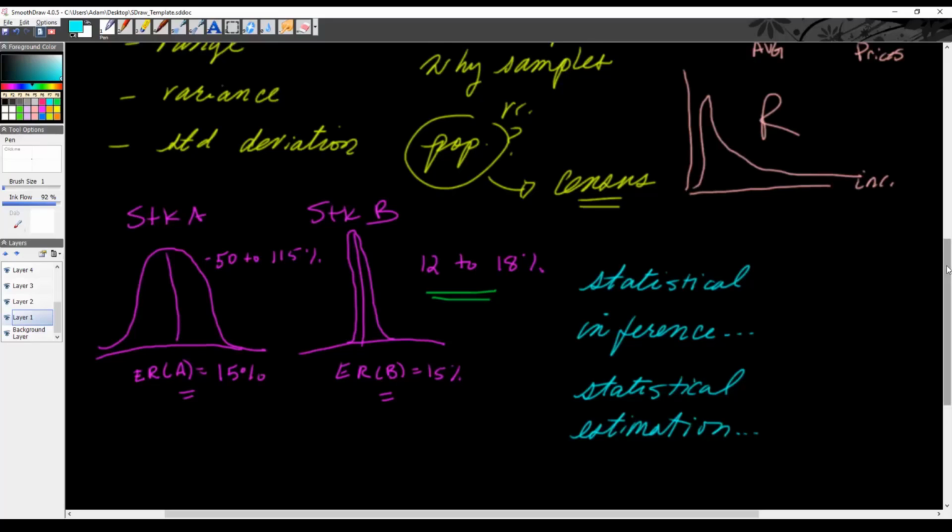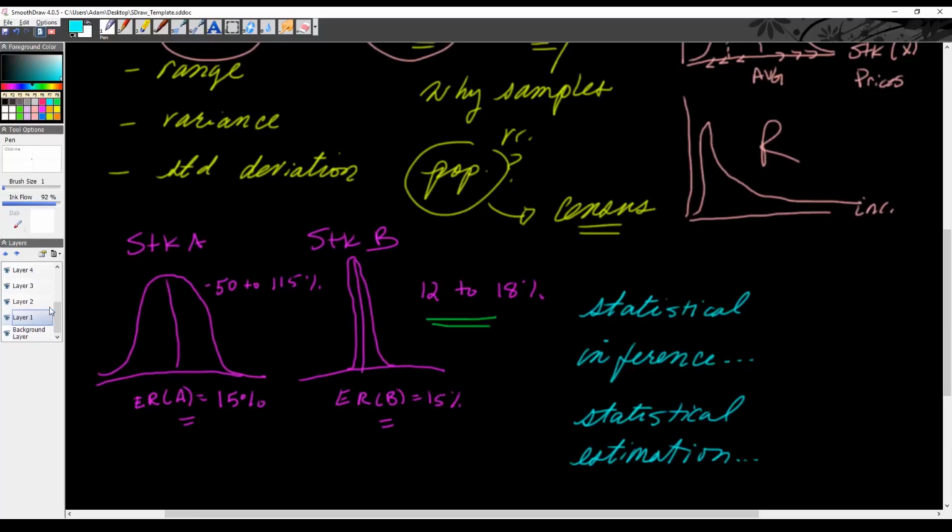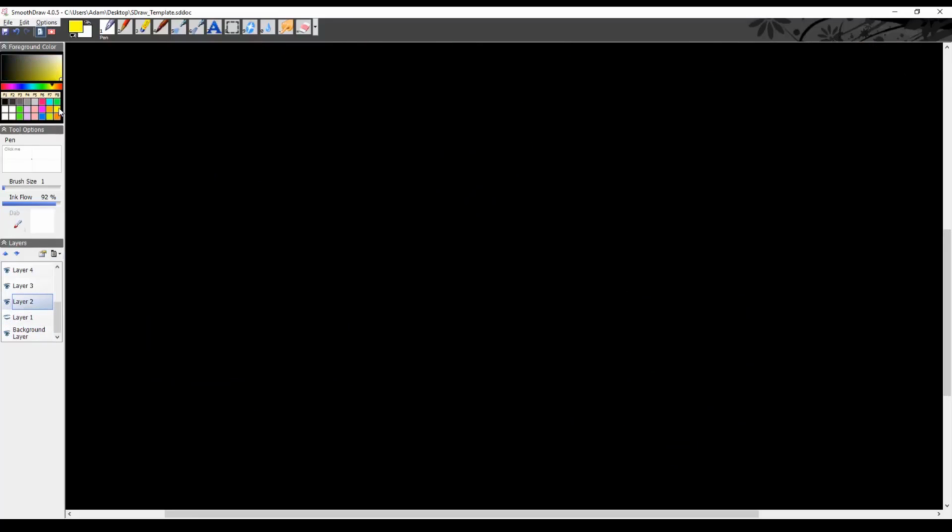Okay, moving right along to the next topic, probability. This is something that you have probably learned at some point in the past, but I'm going to give you a little baby review because we're going to be working with lots of probabilities.